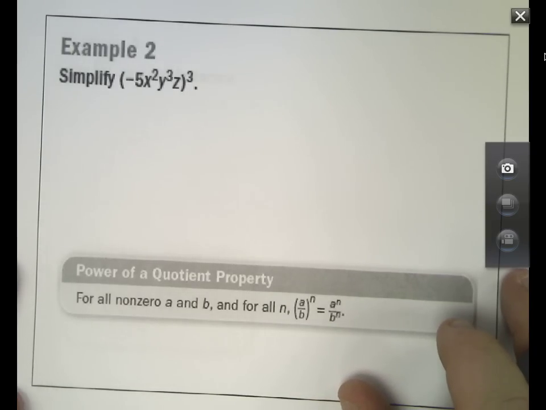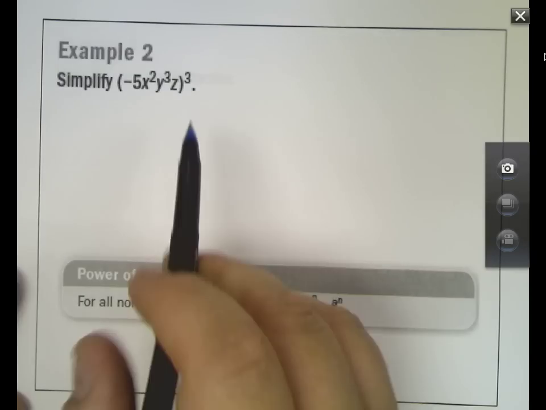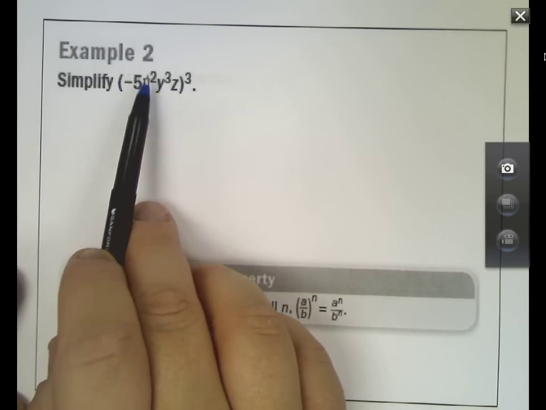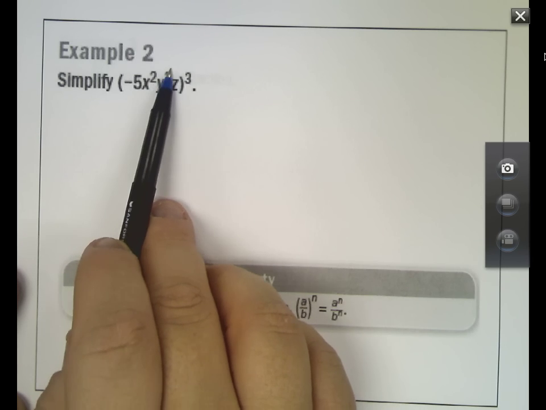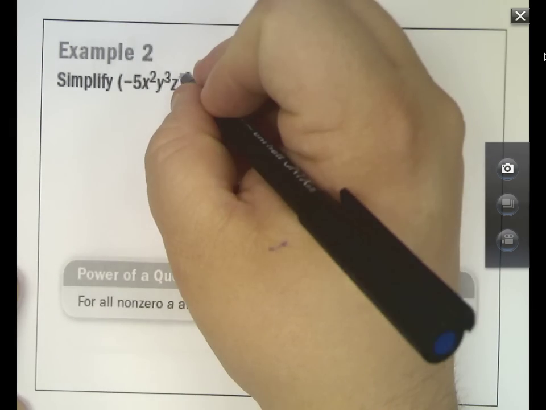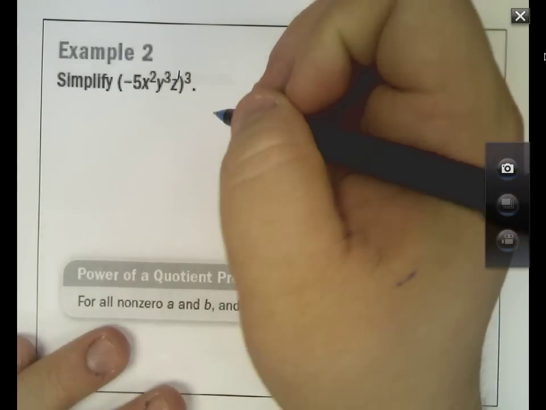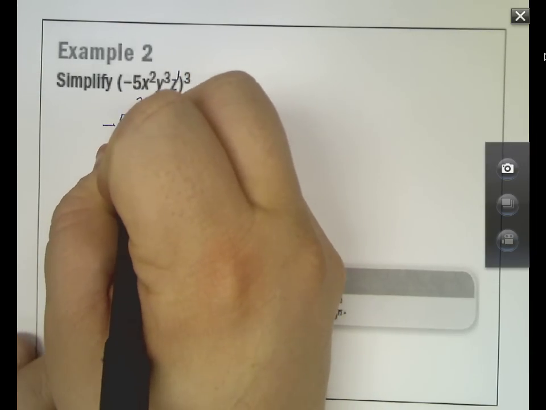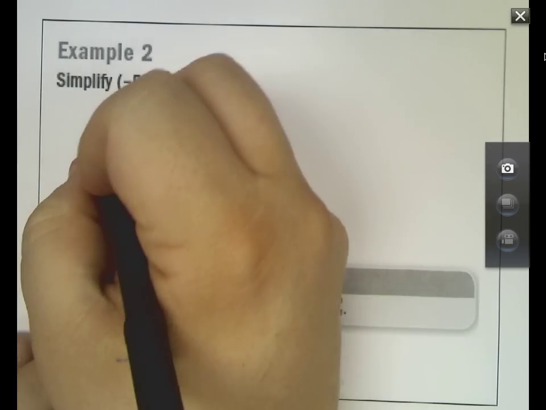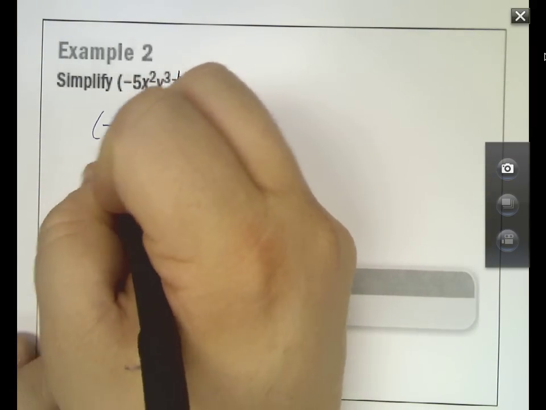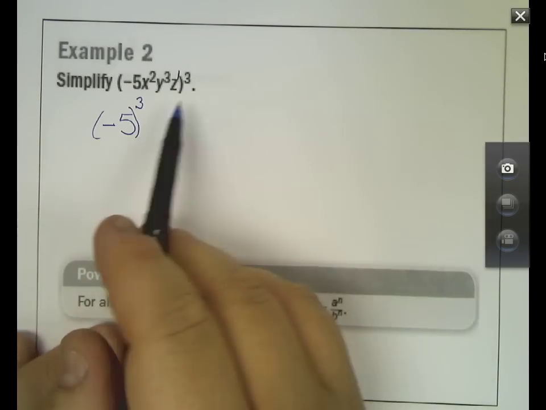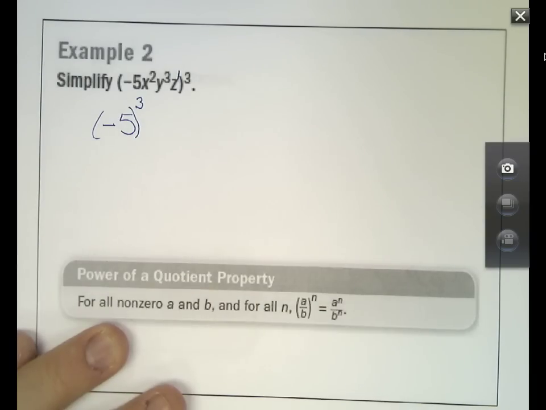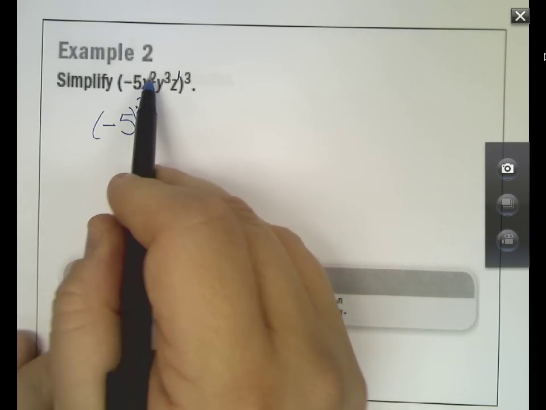Example 2, same thing. Once again, that 3 has to go on the negative 5. It has to go on the x squared. It goes on the y cubed. It goes on z to the first power. So, it's negative 5 to the third power. I always get in the habit of putting parentheses around my exponents because whenever you have a negative, you need to make sure that that's a positive number. Okay?